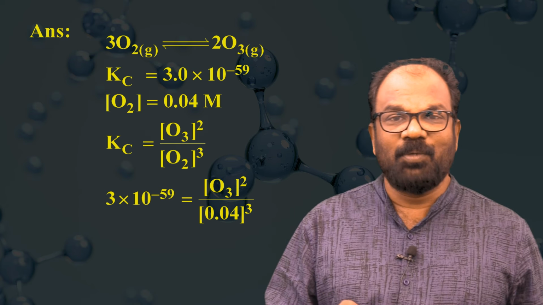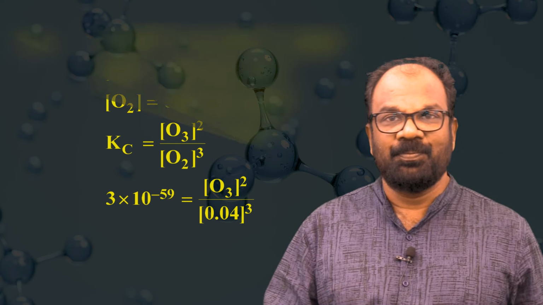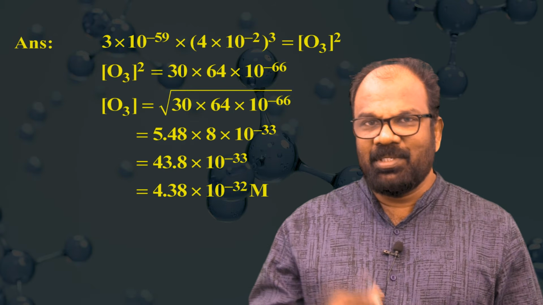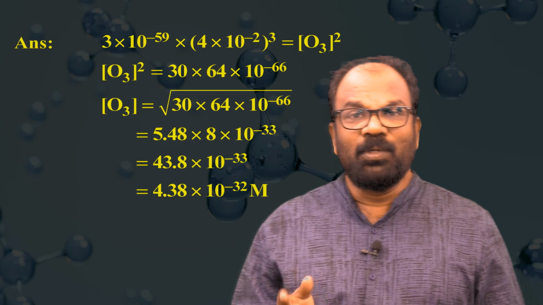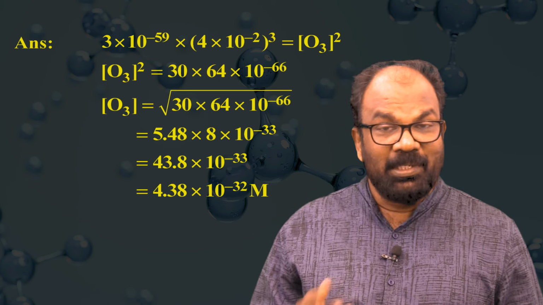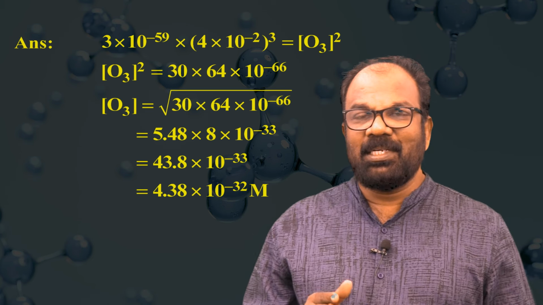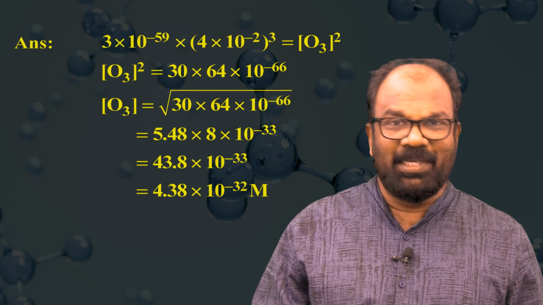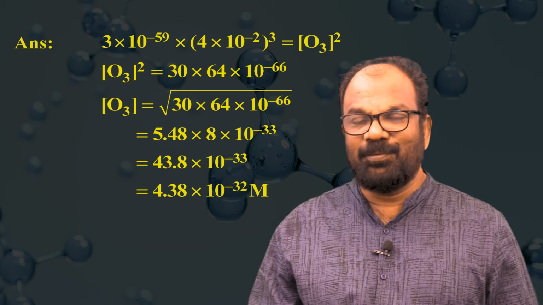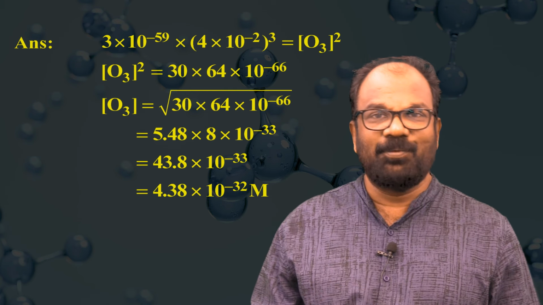divided by 0.04 cube. Now cross multiplying this equation, we will get 3 into 10 raised to minus 59 into 4 into 10 raised to minus 2, the whole cube is equal to concentration of O3 square. That is, concentration of O3 square is equal to 30 into 64 into 10 raised to minus 64.